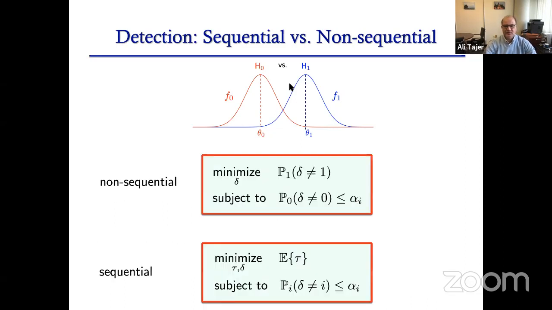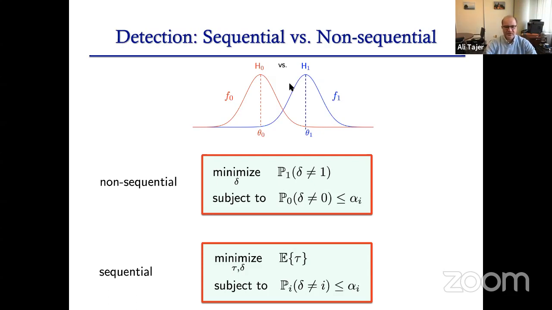Now, the way that these two problems are formulated is in the following forms. In the non-sequential case, let's say that we have a binary hypothesis. We want to control one of the error rates, let's say false alarm, and then we try to optimize the other probability. So let's say that false alarm is less than alpha, and then we want to minimize the misdetection probability. The nature of the problem in sequential approaches is rather significantly different.